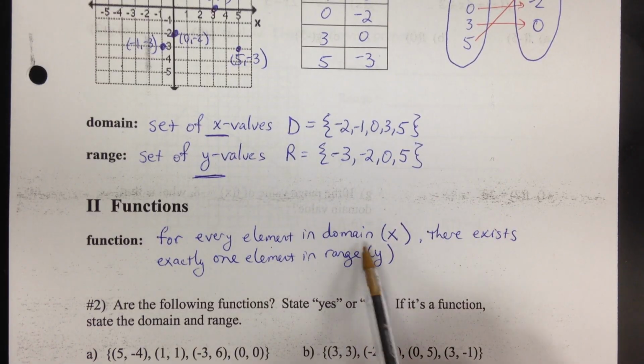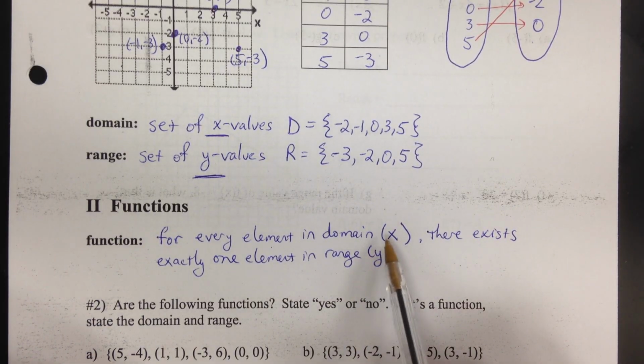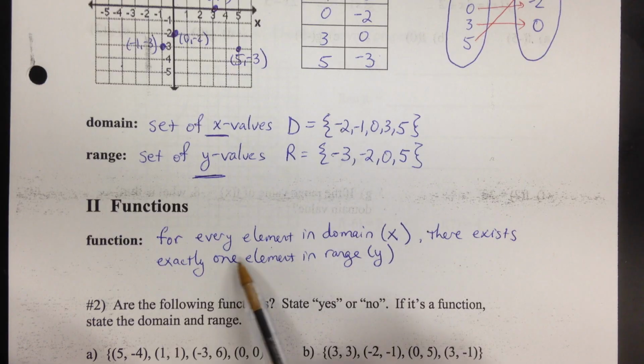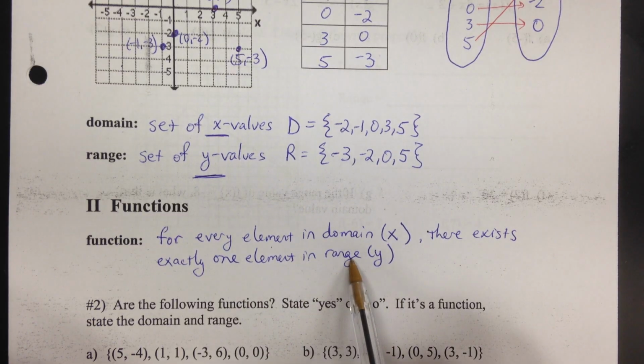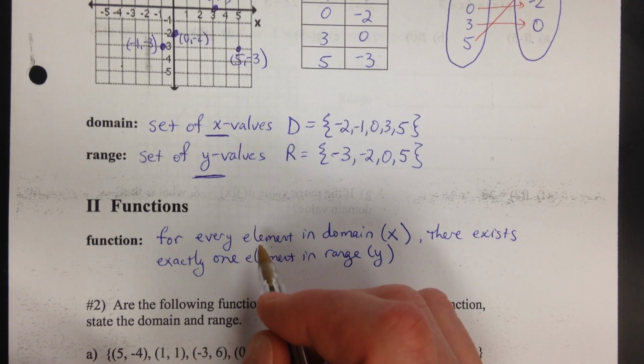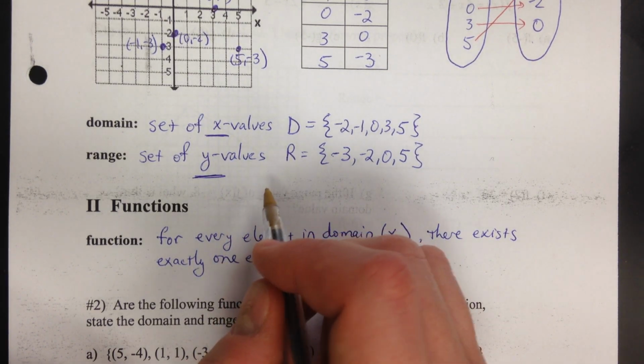For every x value in the domain, there exists exactly one element in the range for y.